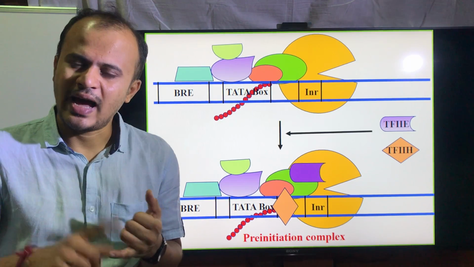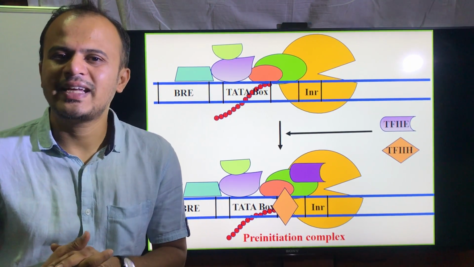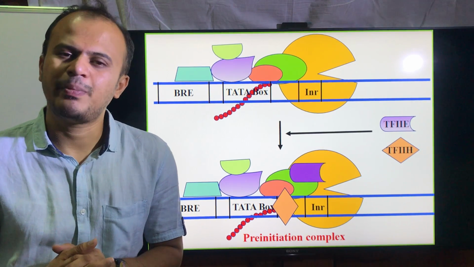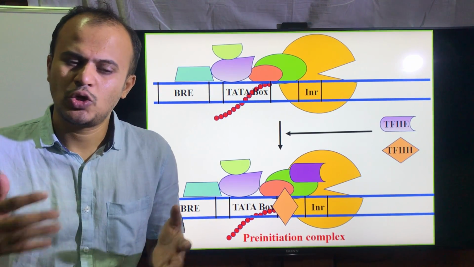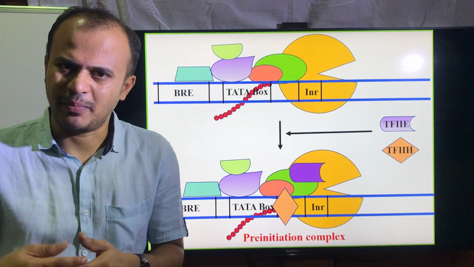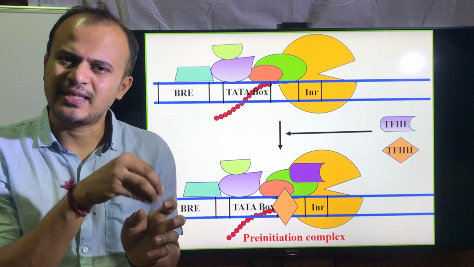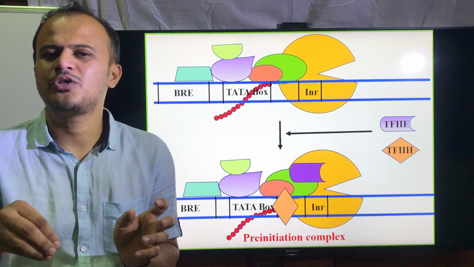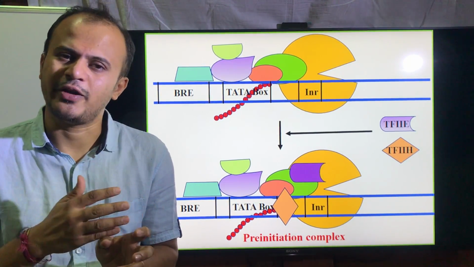This subunit has a repetitive heptapeptide amino acid sequence, YSPTSPS, with several repeats, and this has serine residues. Every second and fifth serine residue is phosphorylated. This has already been explained in the other video.